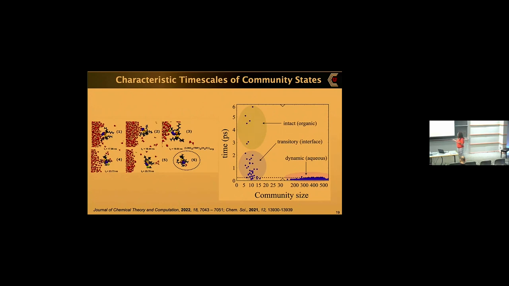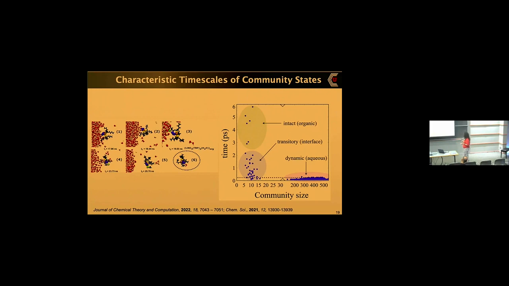And when it complexes to this metal, it then forms a little architecture or fluctuation on the surface, and then it disengages. The communities of water that participate in the bulk versus those participating in the interface versus those attached to this metal ligand complex, because there are some waters of solvation when they migrate across, all have different characteristic timescales of the fluctuations of this community.